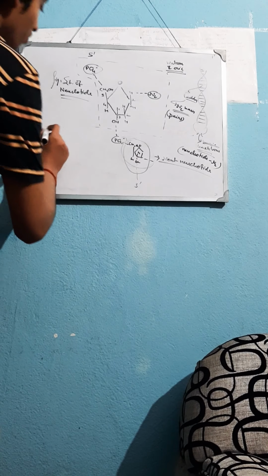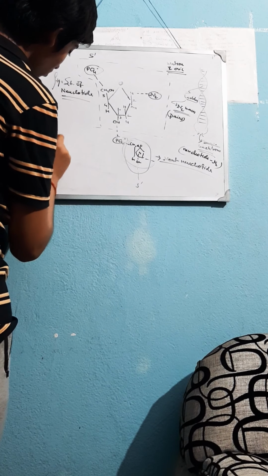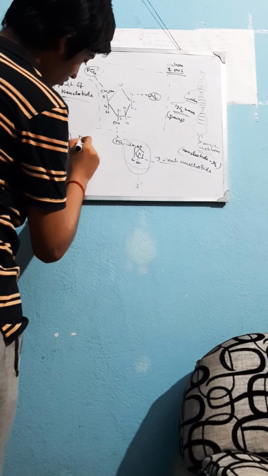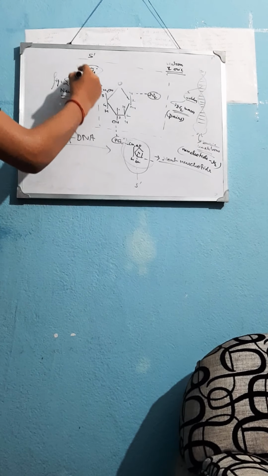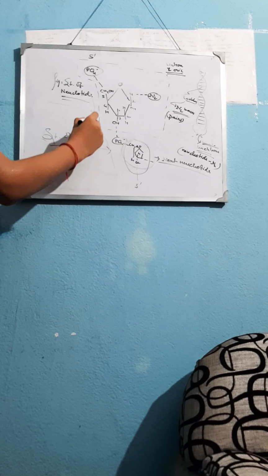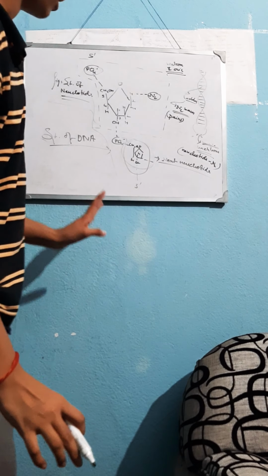This is the structure of DNA. So this is the whole structure of DNA, and this thing is the structure of a nucleotide.